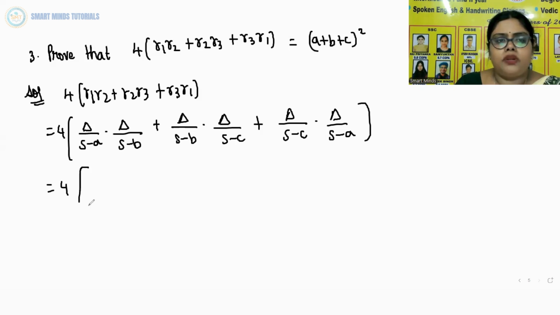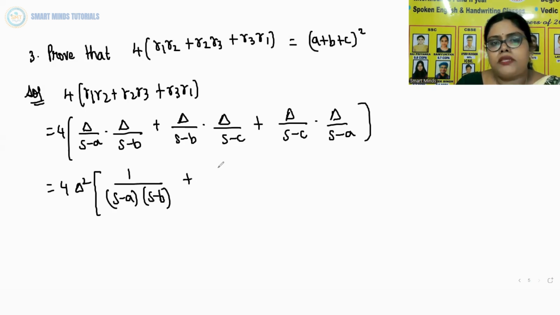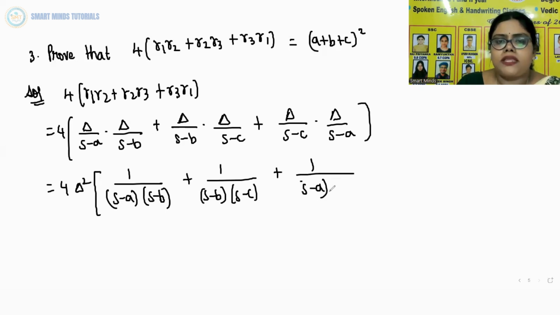So that is 4 into, in each term you can see you have delta square. If we take that delta square outside, we get delta square into 1 by (S minus A)(S minus B) plus 1 by (S minus B)(S minus C) plus 1 by (S minus A)(S minus C). Let us take LCM now.